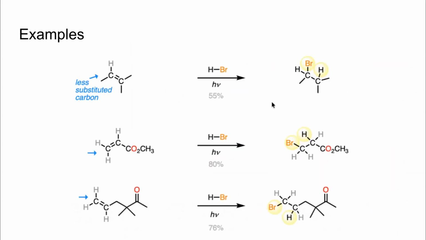And so here are a few more examples. This is the exact same one as before. Here's another one with a larger group attached to the carbon. So again, the bromine is adding to the least substituted and the hydrogen to the most substituted. And here it is again.